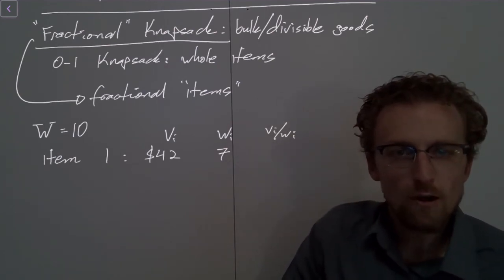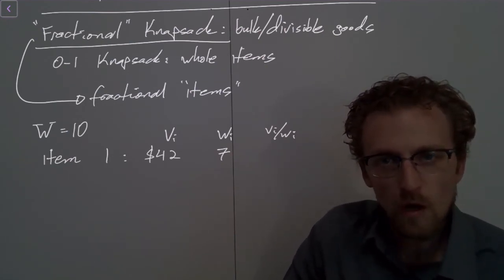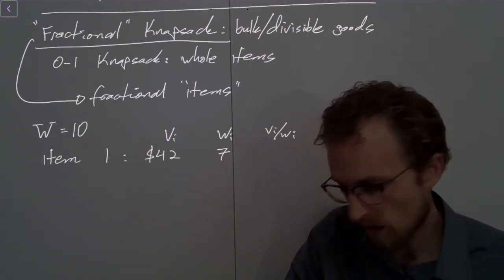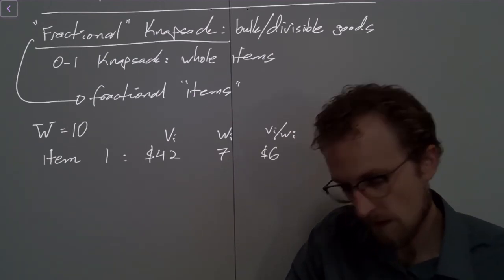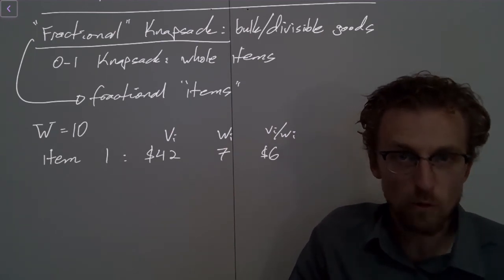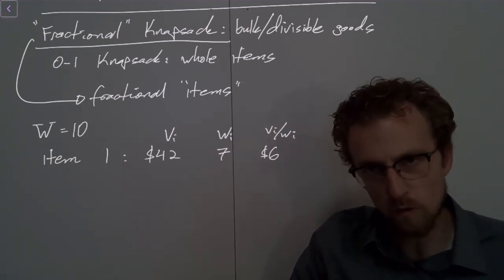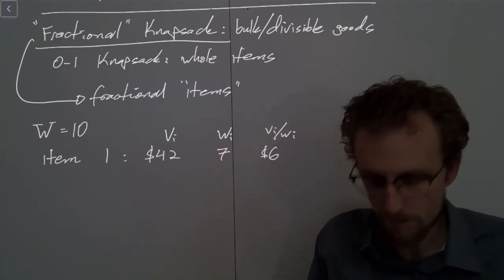Sometimes I'll erroneously call this the density, but it's the per unit of weight price. And so you can see this has a per unit price of 6. So if he takes 1 pound of this, it's worth $6. If he takes all 7 pounds, it's worth $42. So bringing half of it gets him half the total value.